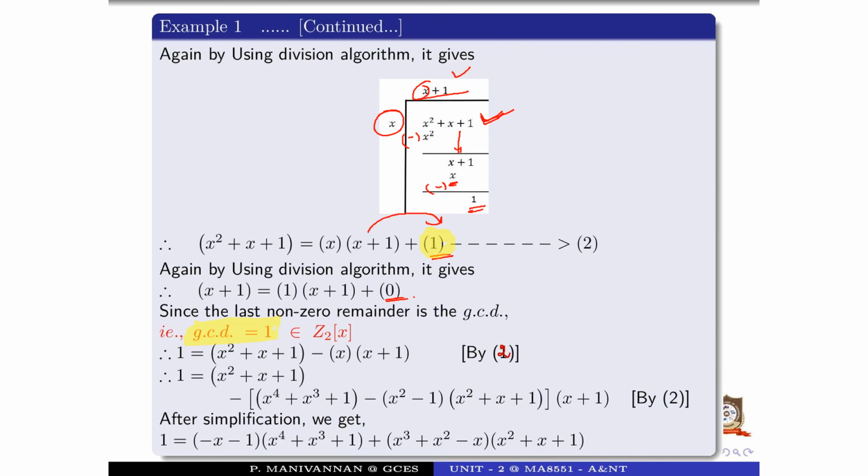Taking these two terms to the left side, 1 is equal to x^2 + x + 1 minus x times (x + 1). What is the value of x?